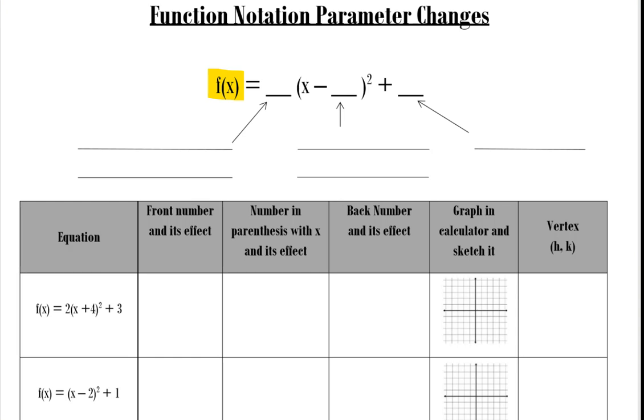This should say f of x equals a, parentheses, x minus h squared plus k. Okay, so this a value, we already know a little bit about this a value.